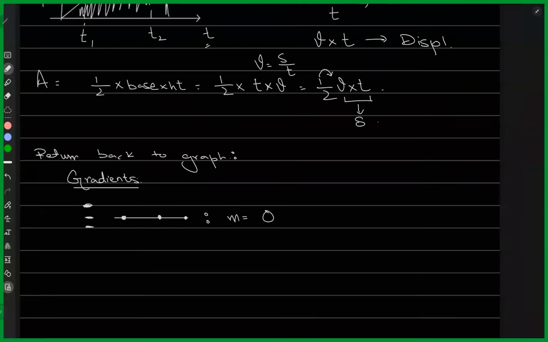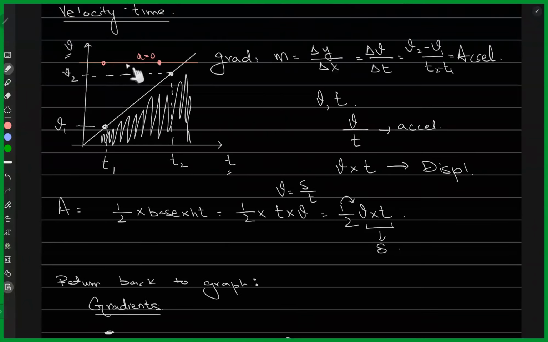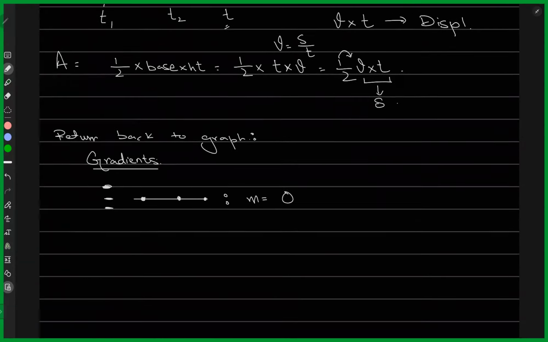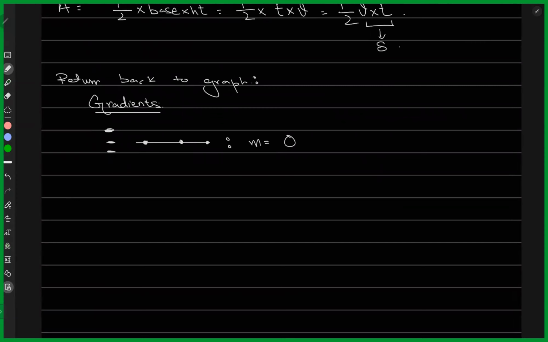So it means that for any physical quantity, if you have a line that looks like this, the gradient of that line is 0, right? Is that clear? Yes, sir. Okay, so now suppose that you have this line, like this.